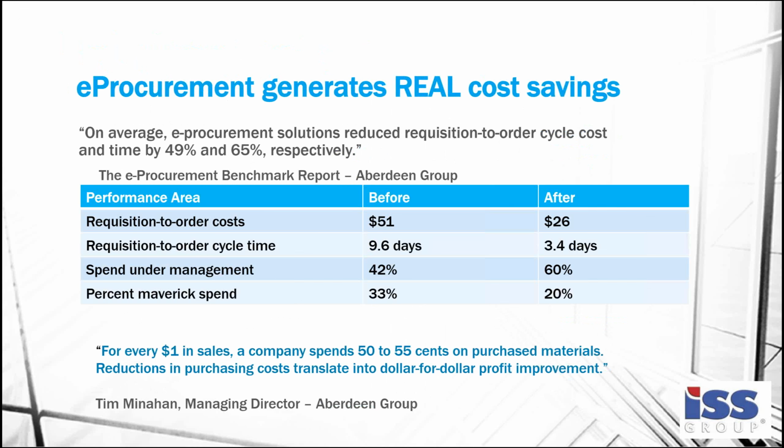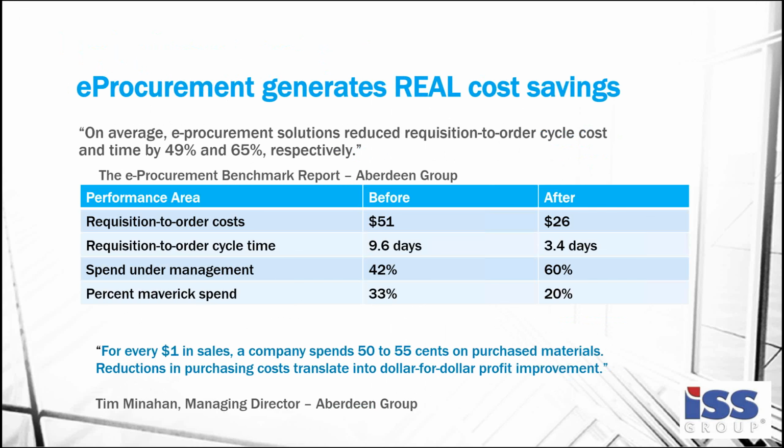Spend under management, 42 to 60%, so there's more suppliers under contract, and when they go from being non-contract to under contract, you usually have a savings in there, an increase in the performance as well. And percent maverick spend is reduced accordingly. So this really gives you a top line number.